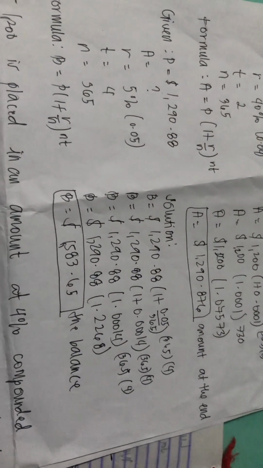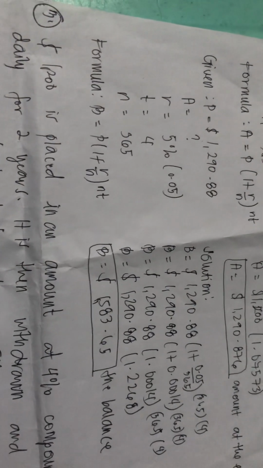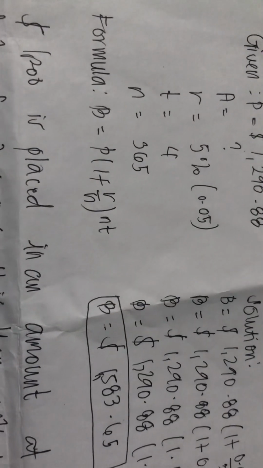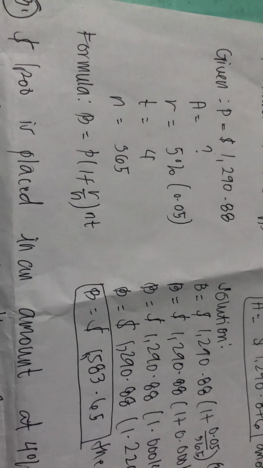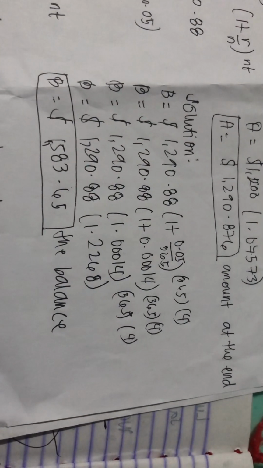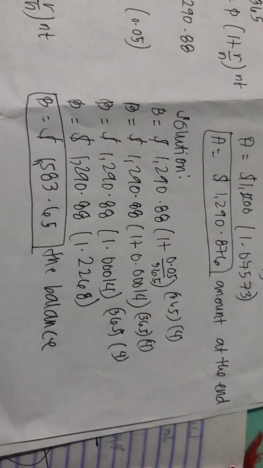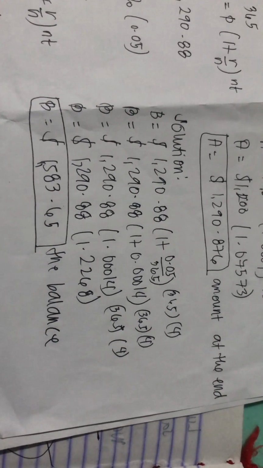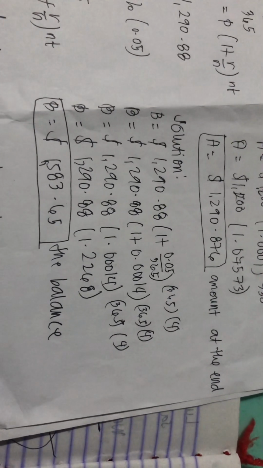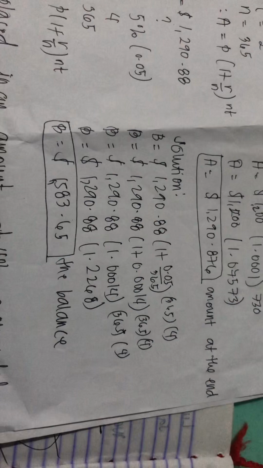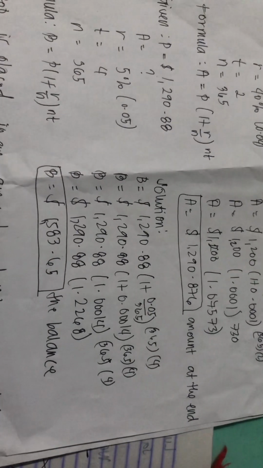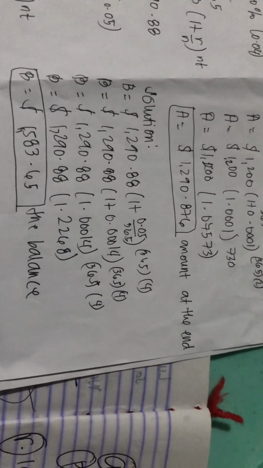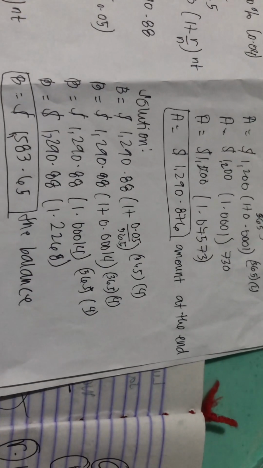Then the given number 2, the formula is you need to find B equals P, open parenthesis, 1 plus R over N, then at the top of that is the time and years. And the solution here is also copy the 1,290.88, then just write the 1 plus the rate over the N, then 365 at the top, then 4.